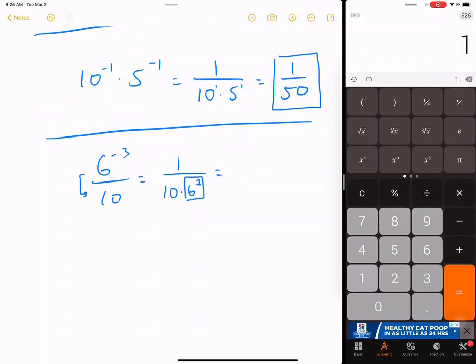Because if I write 10 times 6, depending on your type of calculator, it might give you a fudge number. And in this case, it's not. Now, I can write 6 cubed first, and that's going to be 216. And then we're going to multiply that by 10. And that gives us 2,160. Now, please also realize that, remember, this is on the bottom, so it stays on the bottom.